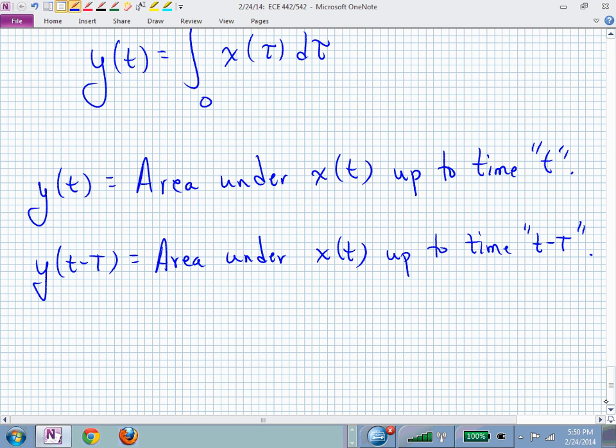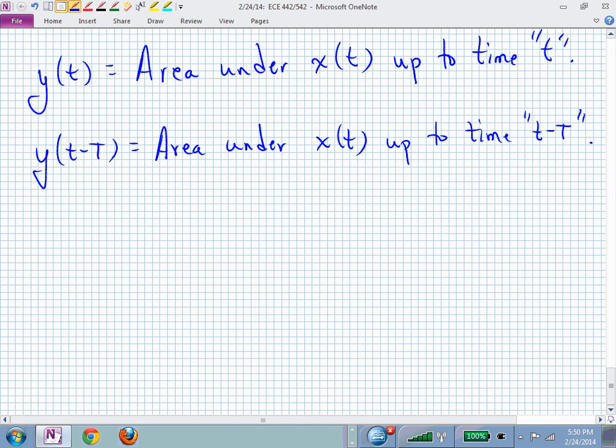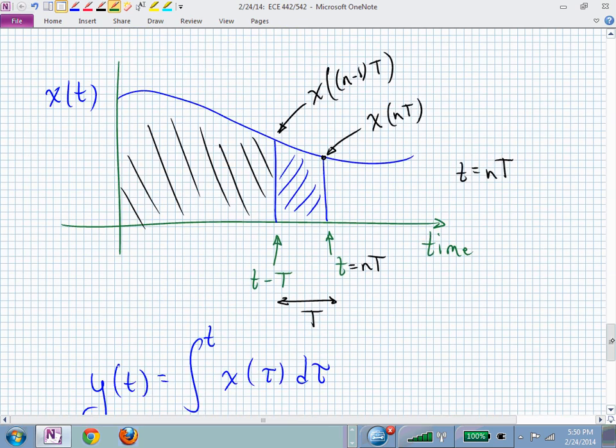Which, if we write an equation for y of little t in terms of y of little t minus capital T, they are the same as long as we add in this area underneath the curve x of t between t minus capital T and t.